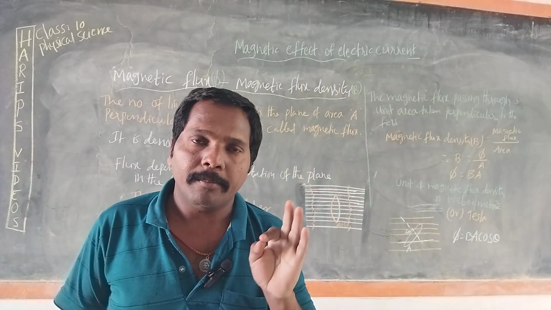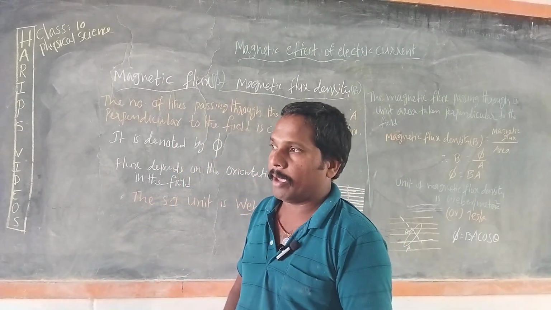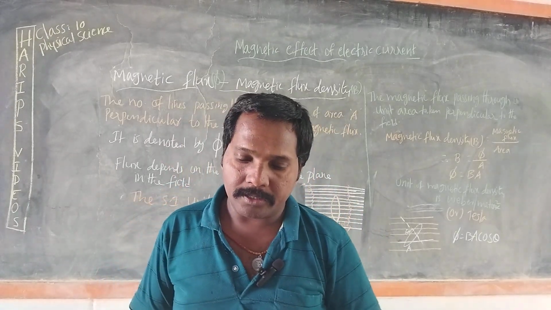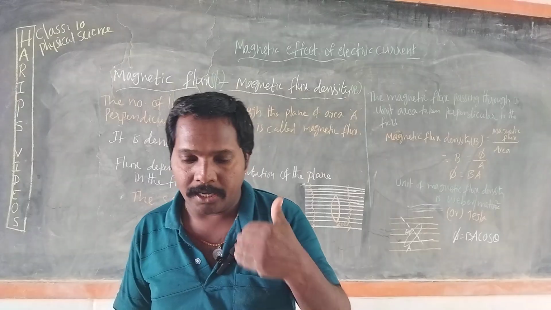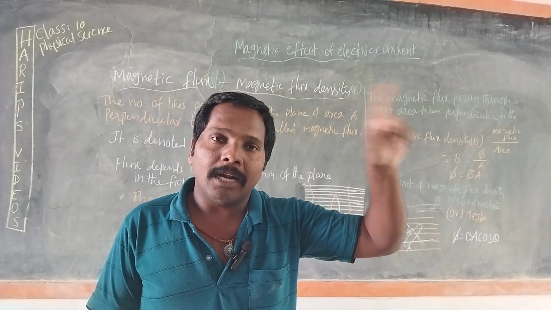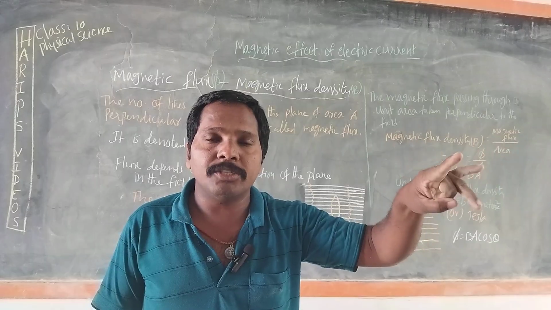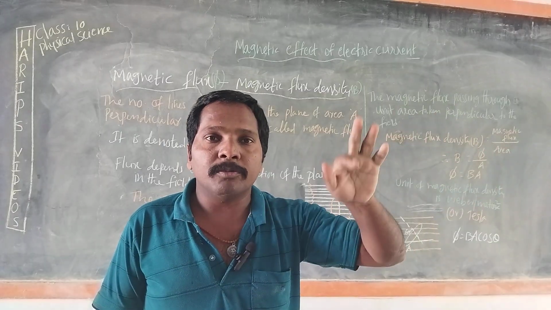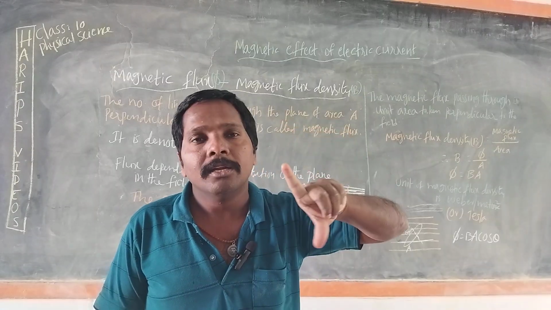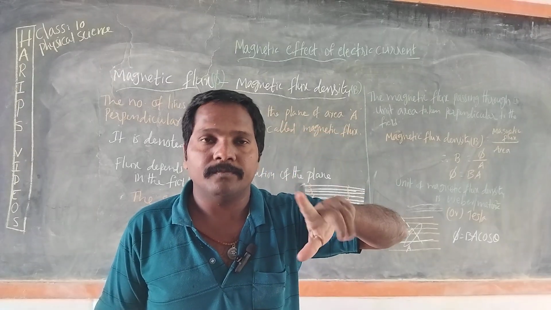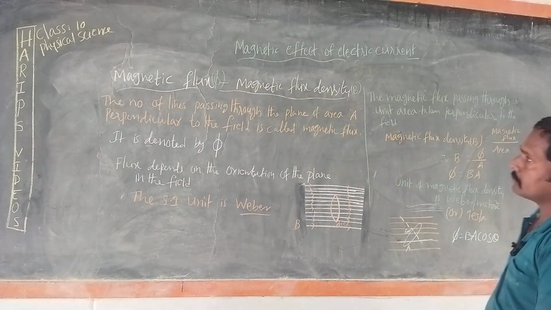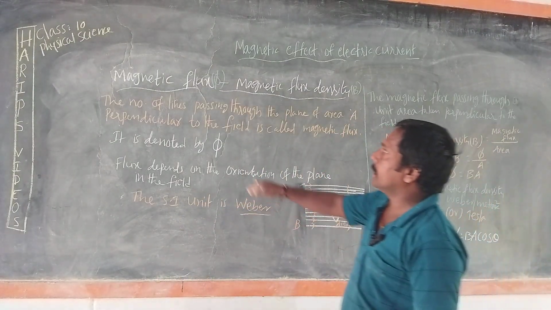But Earth is a big magnet because of the current flowing in the liquid core at the center of the Earth. The north pole of the Earth is geographically south, and the south pole of the Earth is geographically north. When you suspend any object, it shows north and south. Keep that in mind.